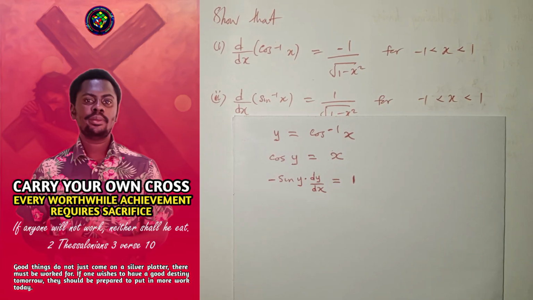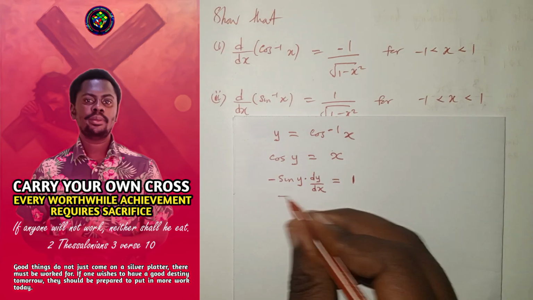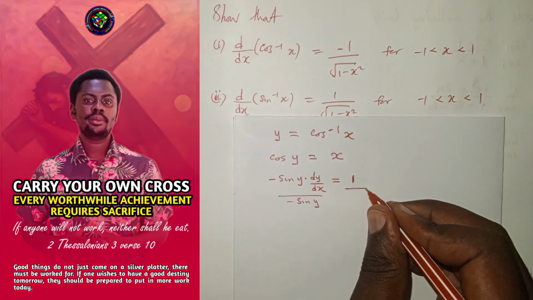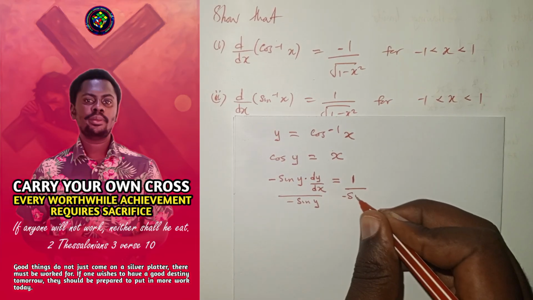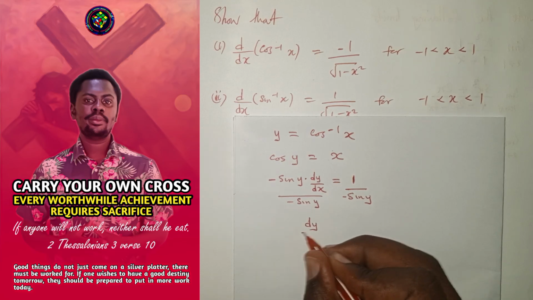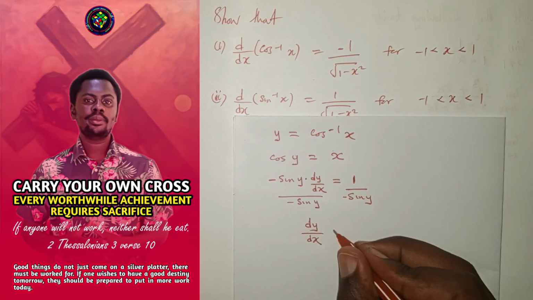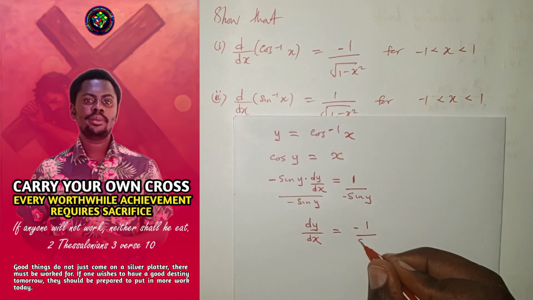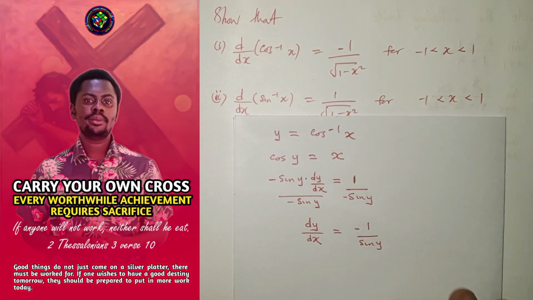Then to remain with dy dx from this side, we are going to divide minus sine y to both sides of the equation. So we have over minus sine y, and here over minus sine y. So we are going to have dy dx is equal to negative 1 over sine y.